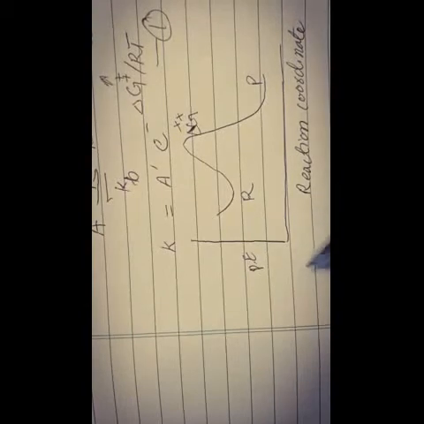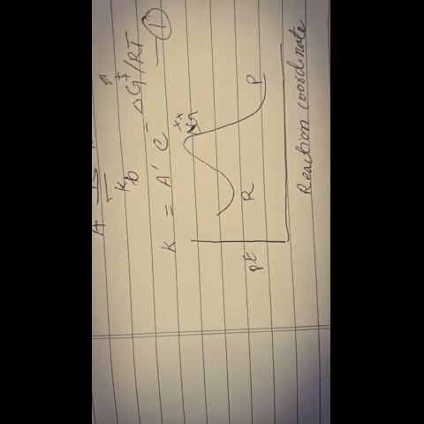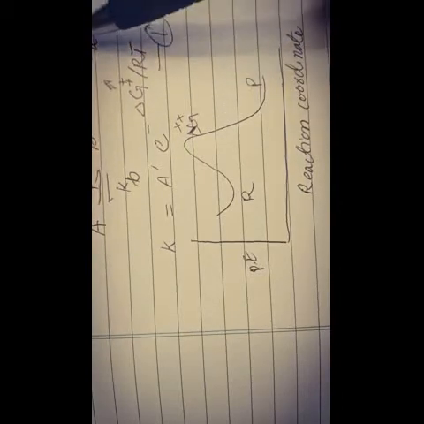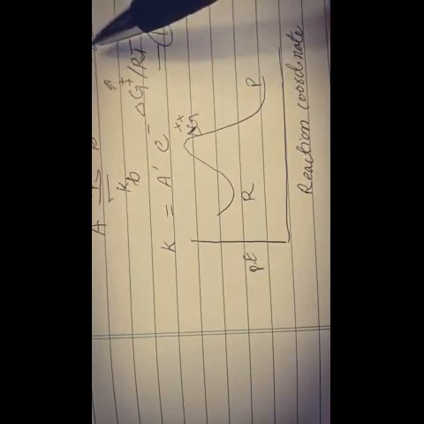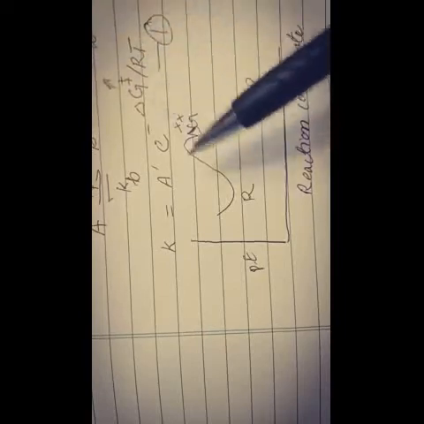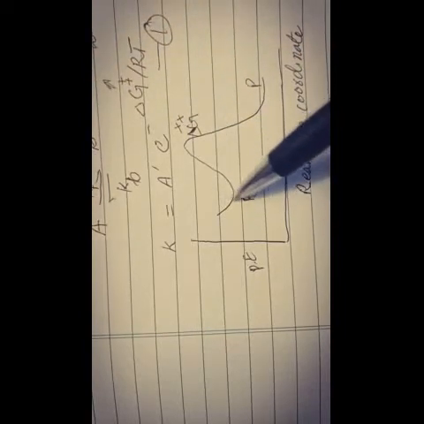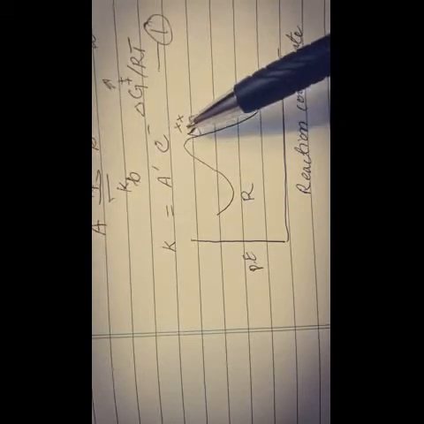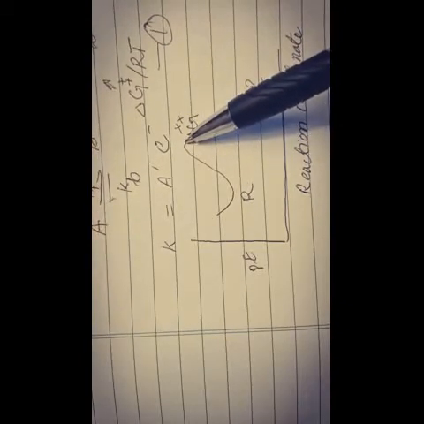Here it can be explained with the potential energy diagram versus reaction coordinate, in which this internal energy is the change in internal energy from going from one of the minima to the maxima, which is called the transition state or the activated complex.